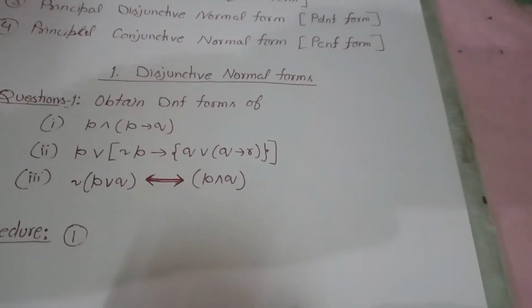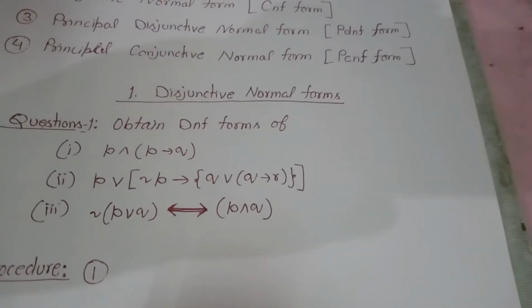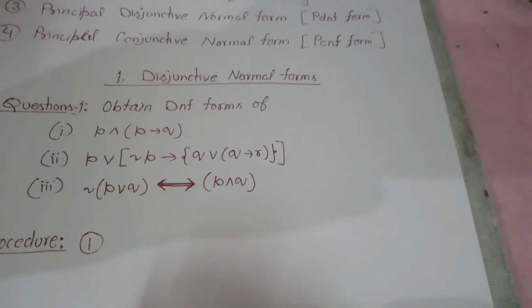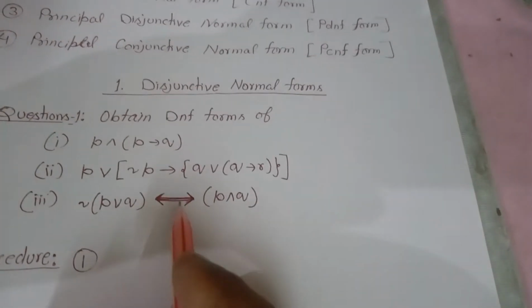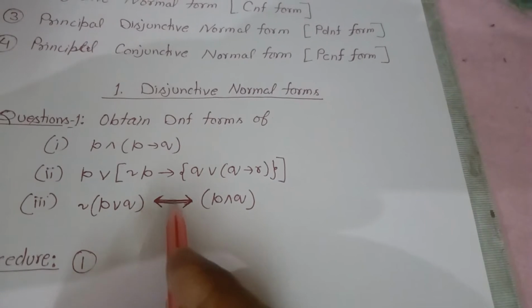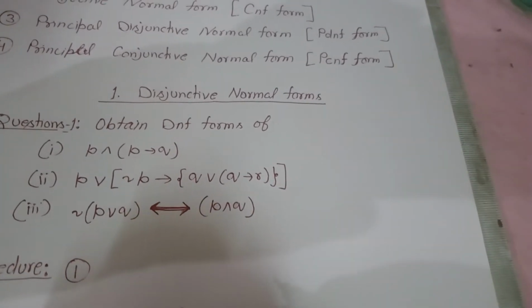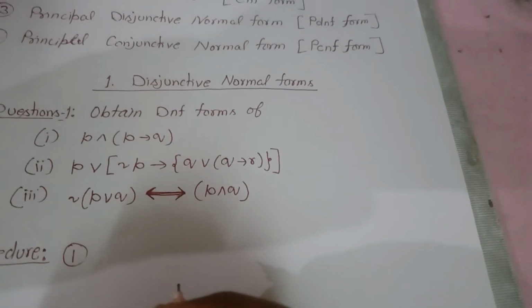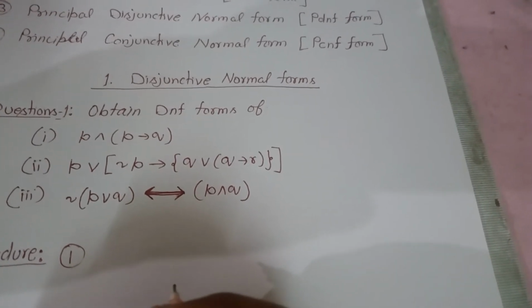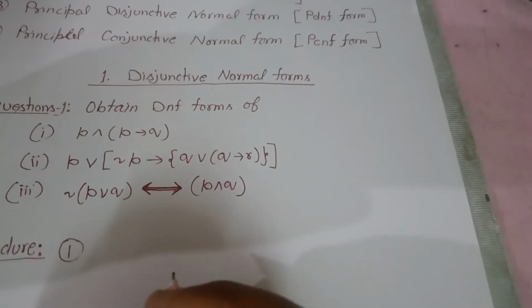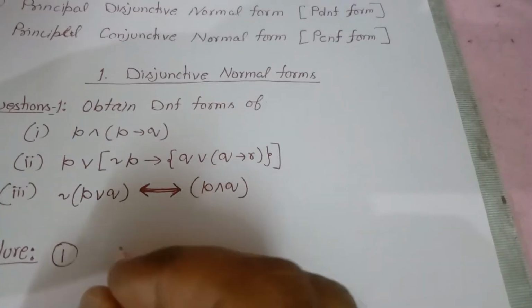in the compound statement, if there is the mark of the biconditional connective, as we can see in the third question, this is the notation of biconditional. Before starting our question, if the biconditional connective occurs, we will resolve it.